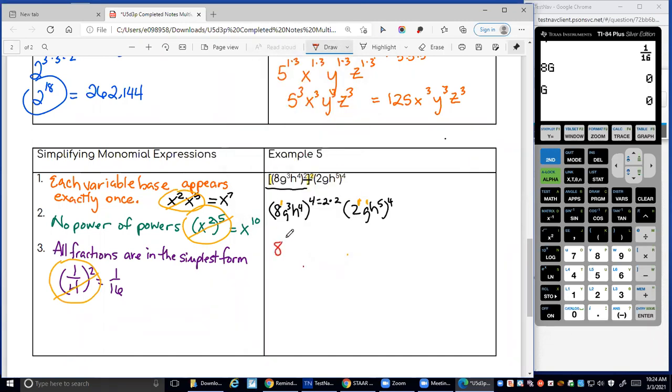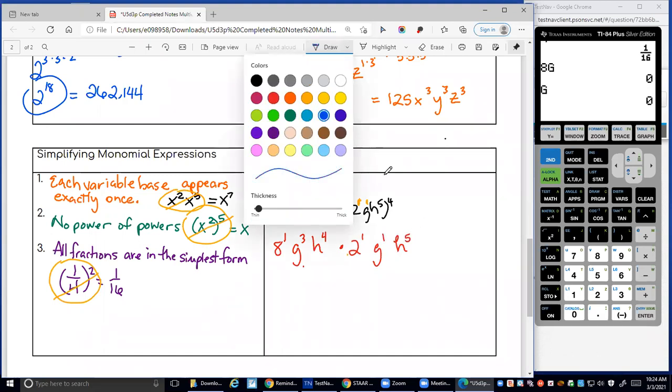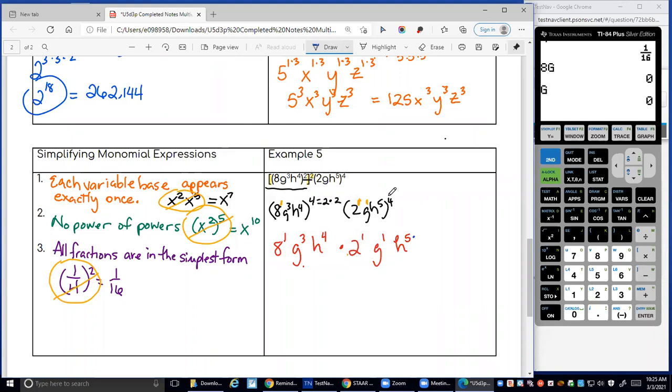That's 8 to the power of 1, g to the power of 3, h to the power of 4. Okay, over here, I have 2 to the power of 1, g to the power of 1, h to the power of 5. I'm going to multiply each and every one. In this case, it's going to be times 4. Most common mistake, people forget to multiply the exponent of the coefficient.